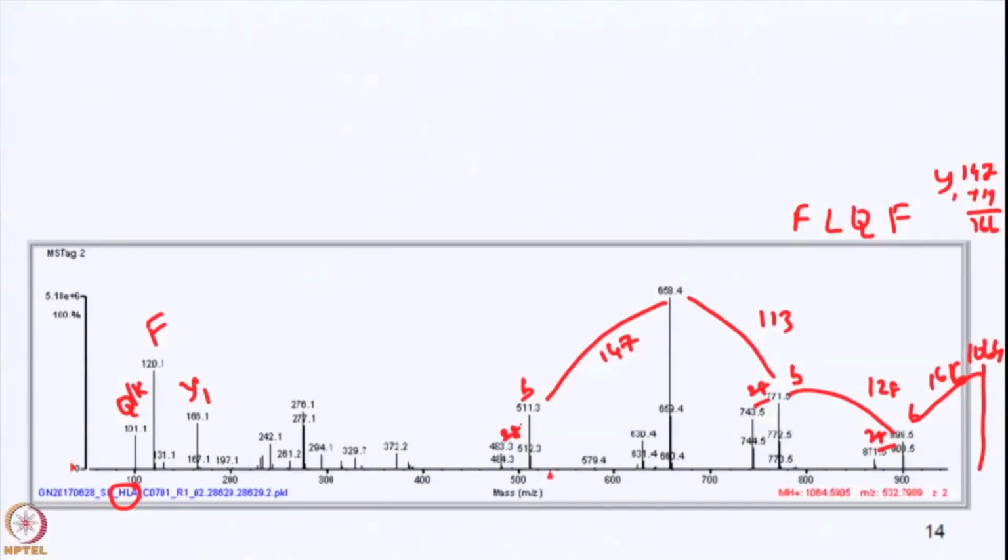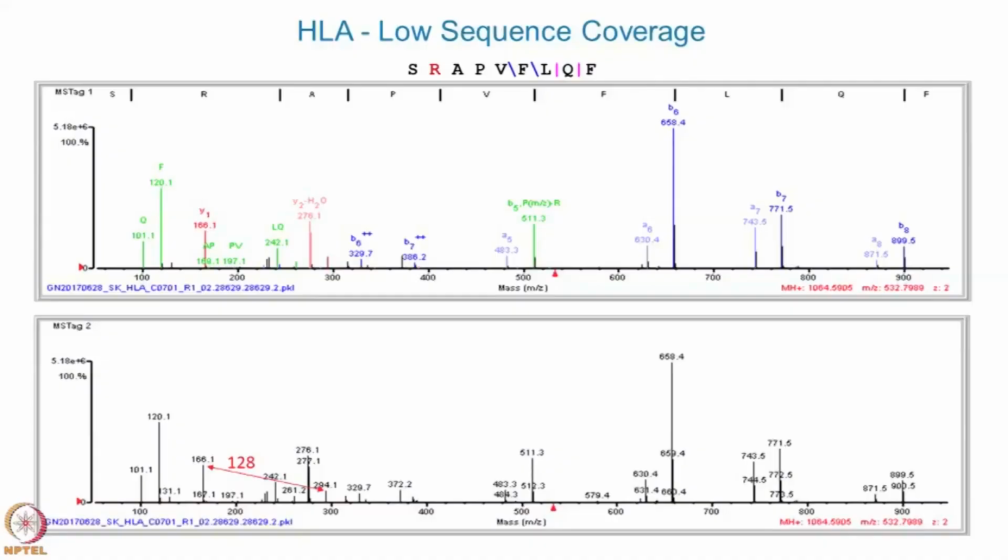All right, I'm going to stop there and let's see what the answer says. FLQF. Okay, that's what I had, and not enough information to get anything else. 276Y2. Okay, that's here.